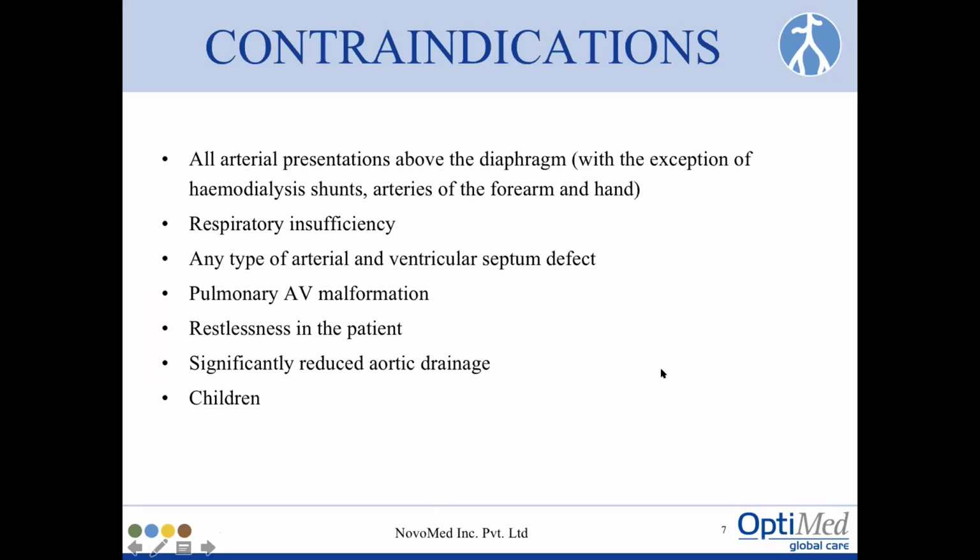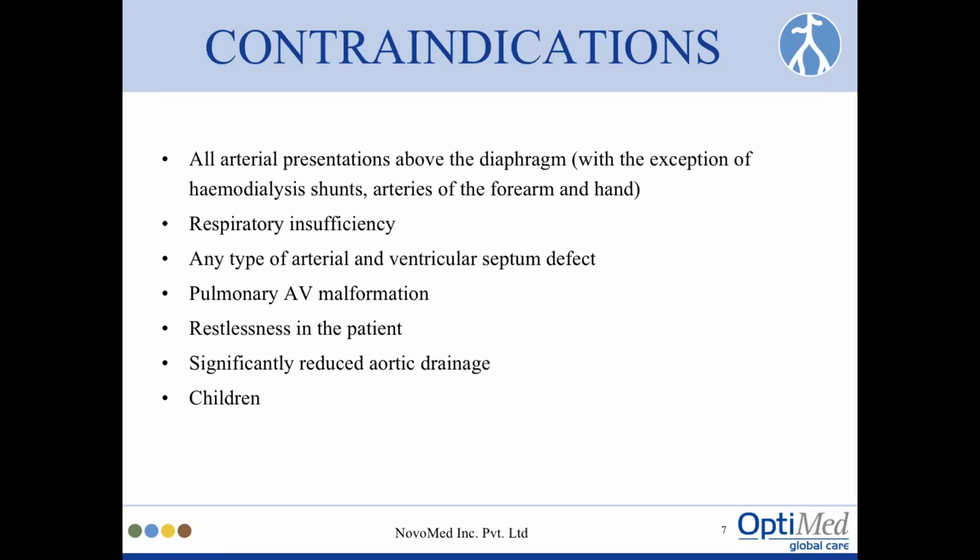Of course, it's not that we can use it for everything. So before we start actually using it, just as we know where we can use it, we should also strictly know where we should be wary or not be using it. Generally speaking, as a rule, we don't use it for any arterial presentations above the diaphragm. Some people use it for hemodialysis.